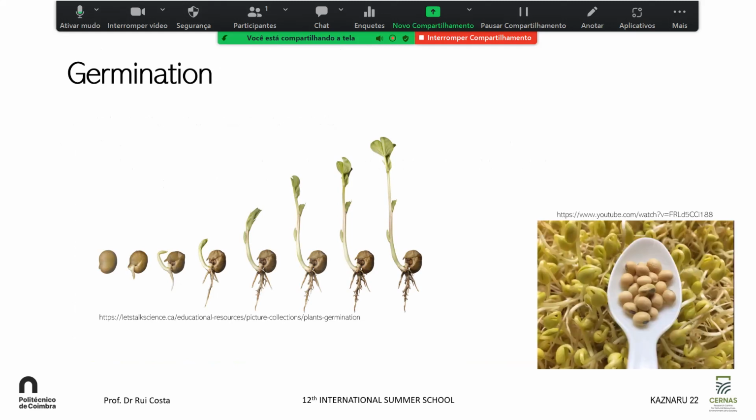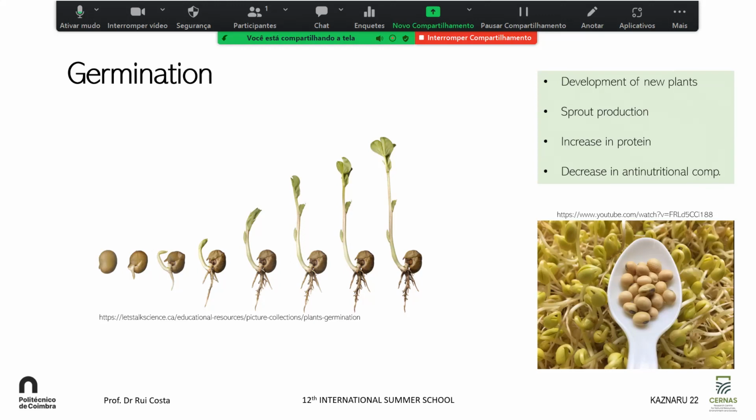For example, if you have eaten sprouts from soya, that's how they are done. We have the seeds of the sprouts, and then we can germinate them. So we have to humidify them, hydrate them, and then germination occurs.